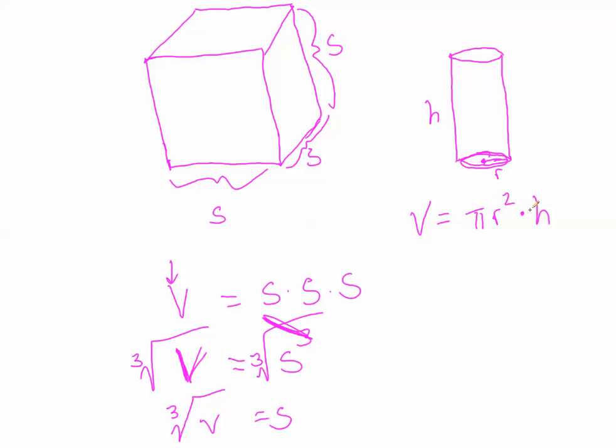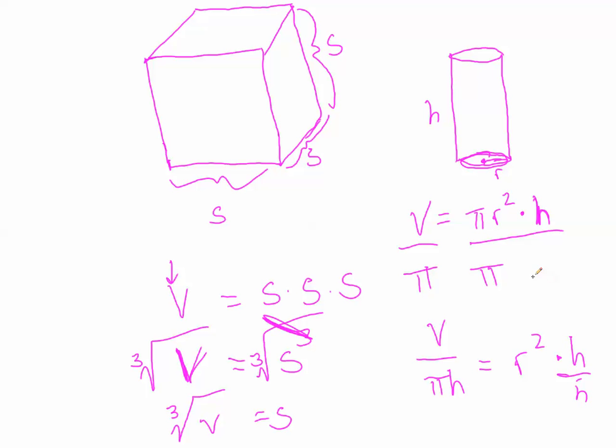And in this case, let's say I knew my height and I knew my volume, but I needed to know my radius. Well, I could solve for the radius, so I divide both sides by pi to get rid of that. So I have v over pi equals r squared times height. And now I want to isolate r squared, so I could also divide by the height, or I could have done it in the same step.